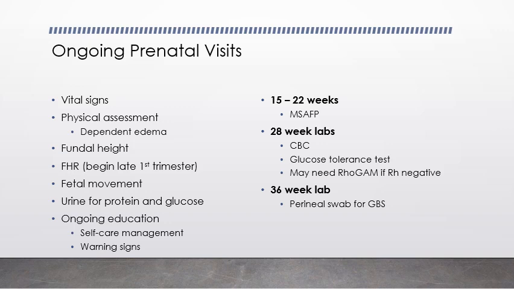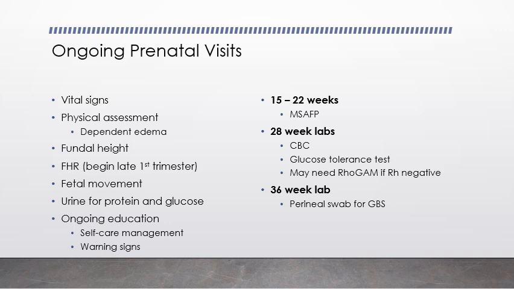Normally, around the 28th week, the provider orders those tests: a CBC to check for anemia, a glucose tolerance test, that's usually a 1-hour test, to screen for gestational diabetes. And during that visit, Rh-negative moms are given prophylactic RhoGAM.